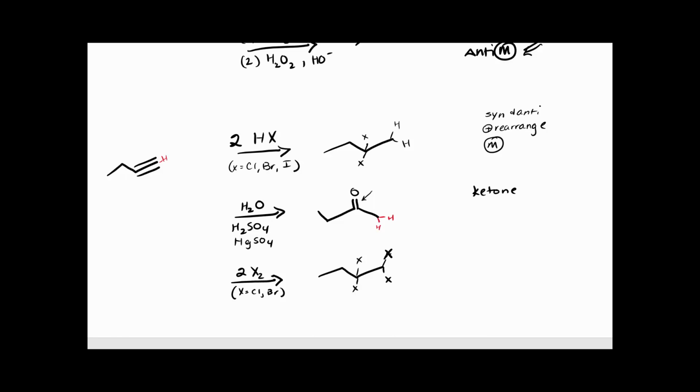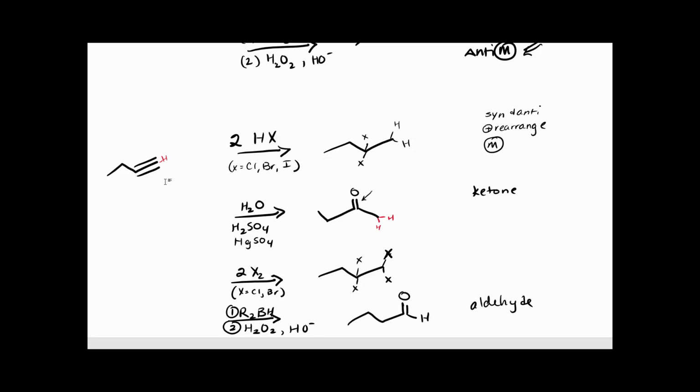This is called halogenation. And then we can do hydroboration oxidation with an alkyne as well. I'm going to run out of room. But we need this alkyl borohydride. We'll follow it with hydrogen peroxide and a base. And we end up forming, this is where we get our aldehydes.